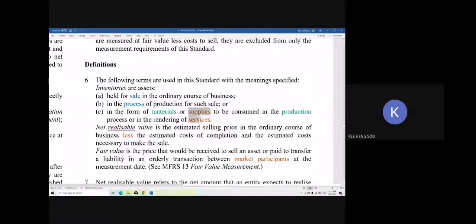What does it mean by suppliers? You check the dictionary. Because they need to use the A4 paper to print out the legal document.